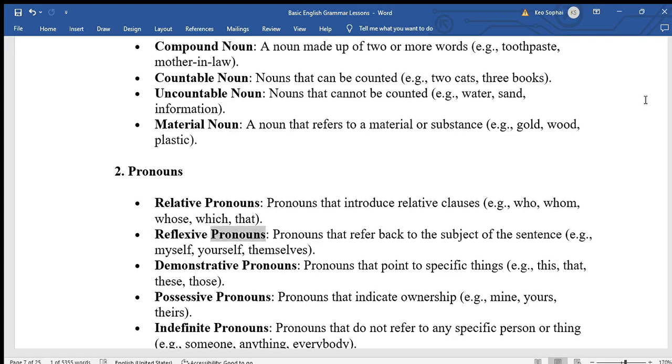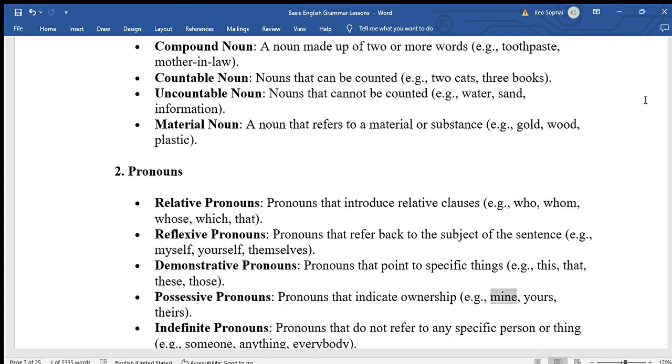Reflexive pronouns, pronouns that refer back to the subject of the sentence. Example, myself, yourself, themselves. Demonstrative pronouns, pronouns that point to specific things. Example, this, that, these, those. Possessive pronouns, pronouns that indicate ownership.